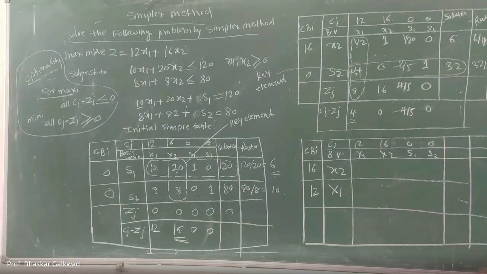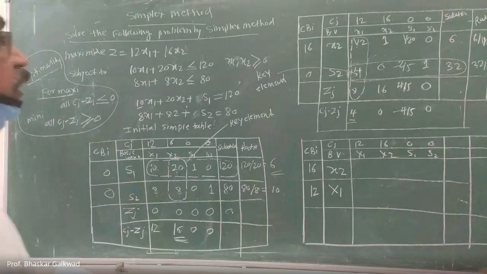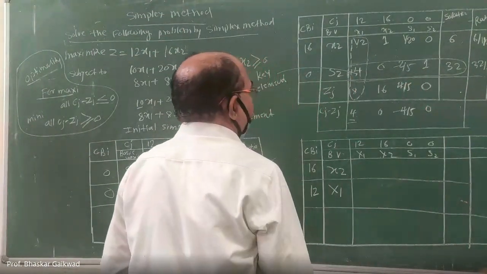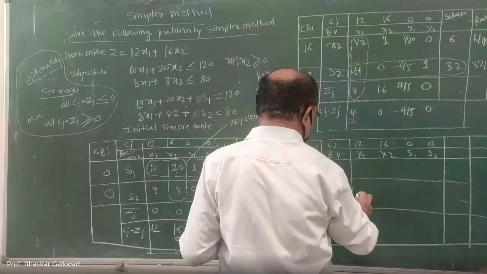Key X1's value. Divided by each element by 4. So here each element we have to divide by 4.